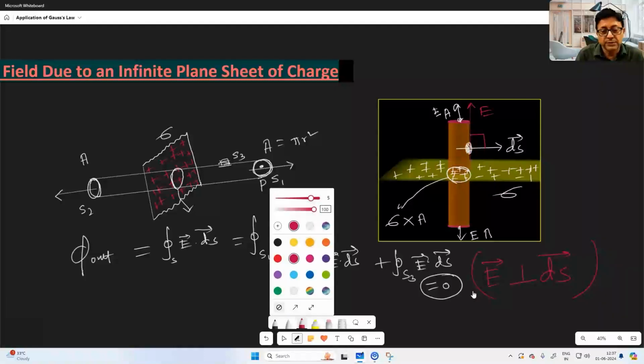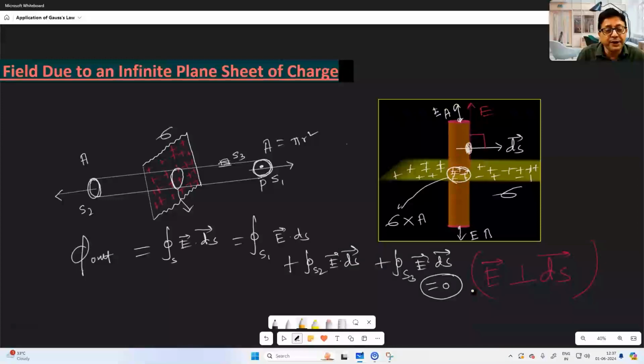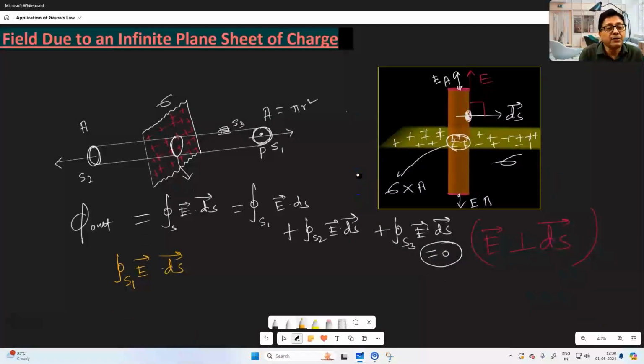Now let us find E dot ds for this one. That S1 E dot ds is going to be what? Radially outward, perpendicular to the end caps. You can see the area vector is directed in what direction? The area vector is directed this way only.